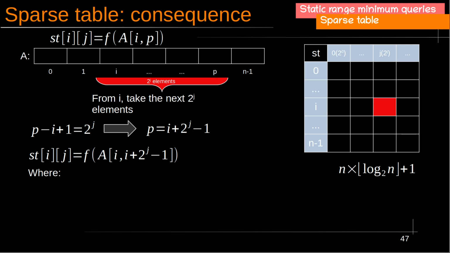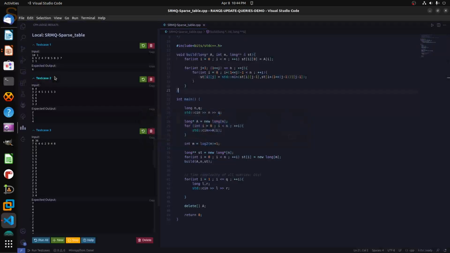The position P is I plus 2 power j minus 1. So this one must be less than n, from 0 to n.